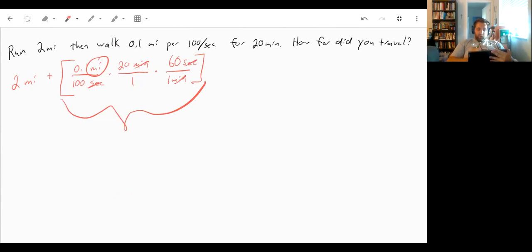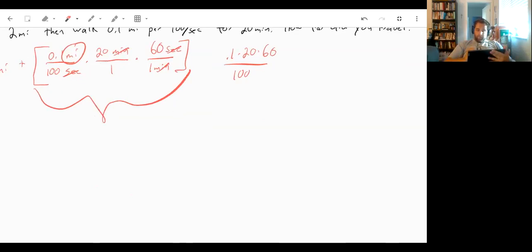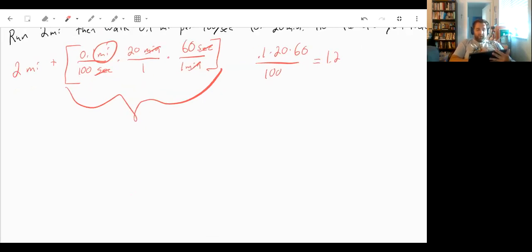So what's left then is 0.1 times 20 times 60 divided by 100. That comes out to 1.2. So that means this whole chunk inside the parentheses is equal to 1.2 miles. But we still have to bring down that 2 miles at the beginning. So we know the total distance comes out to be 3.2 miles.